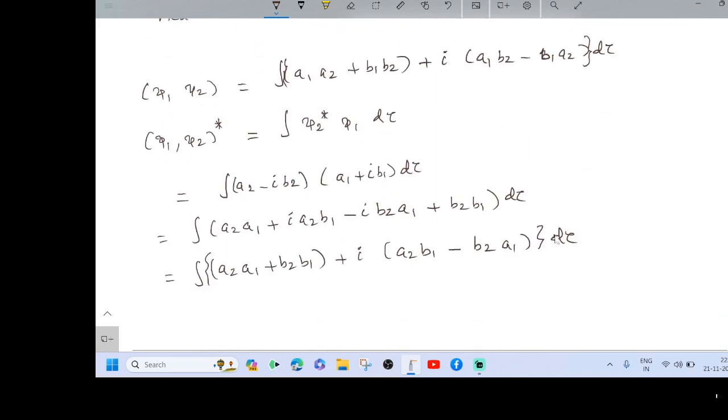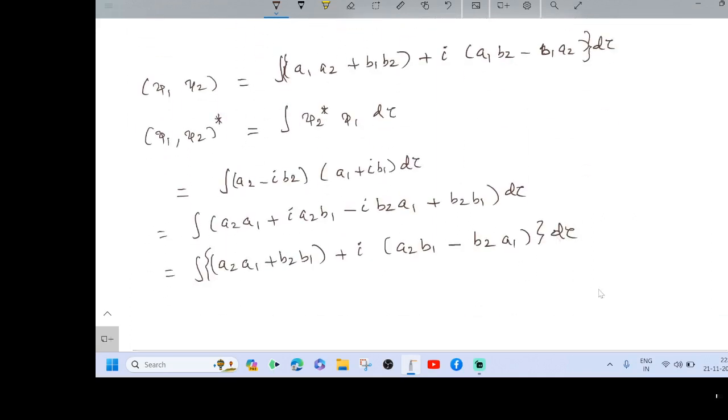Now find out the value of psi 1 comma psi 2 plus psi 1 comma psi 2 whole star. This is psi 1 psi 2, that is a1 a2 plus b1 b2. Here also a1 a2 plus b1 b2.